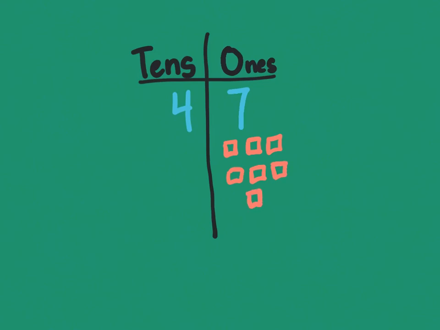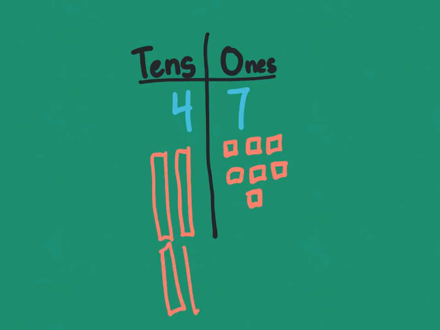And now I'm going to draw my tens. 4 tens. 1, 2, 3, 4. So now I can see that I have written this number in 2 different ways, in the standard form of writing just the number 47 and then drawing base 10 blocks.